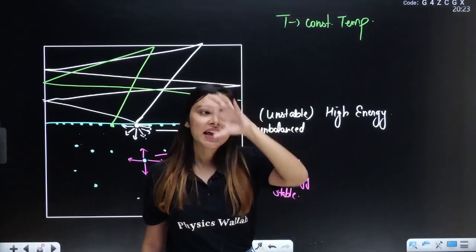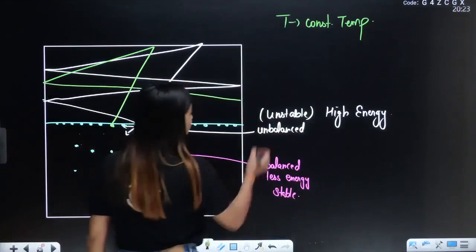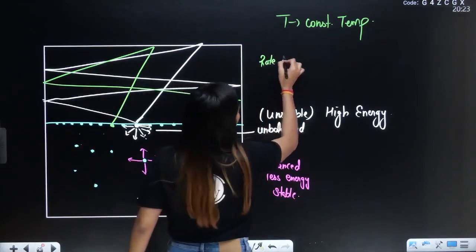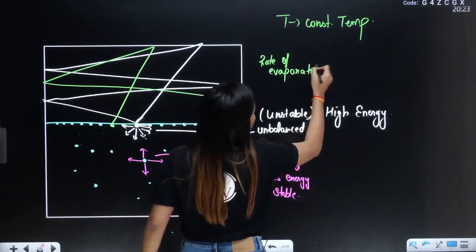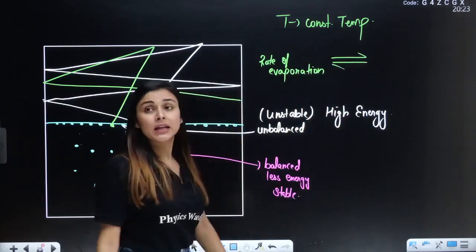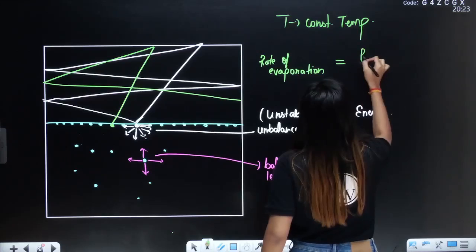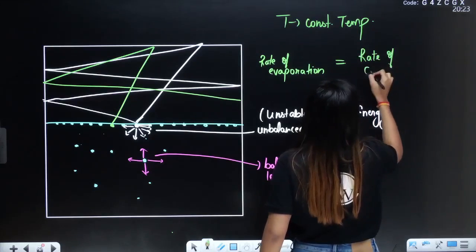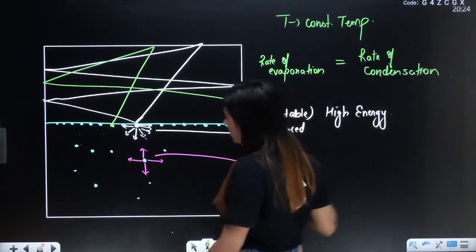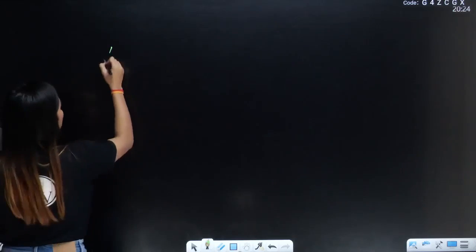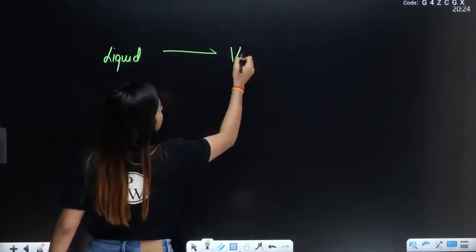So my dear students, at every temperature T, one point is reached where the rate of evaporation, that is the number of particles leaving the surface, becomes equal to the rate of condensation. Okay, I'll just make you understand this. Initially your liquid started getting converted into vapor, right?